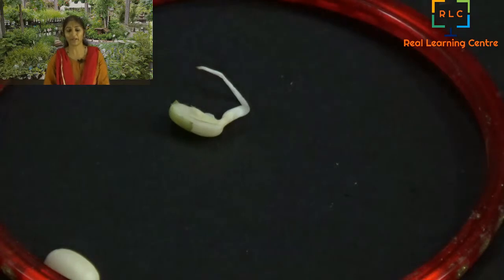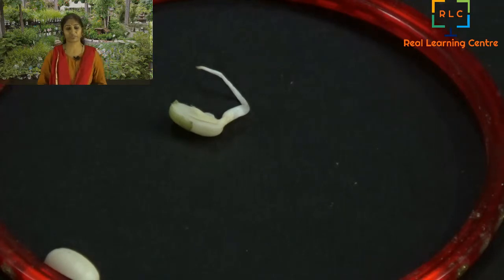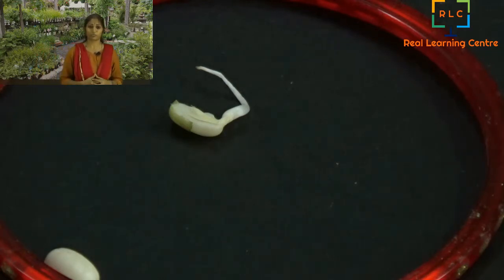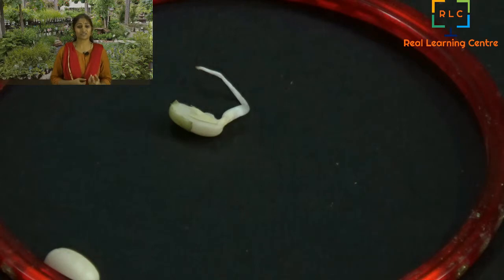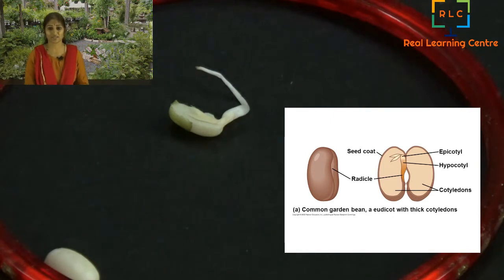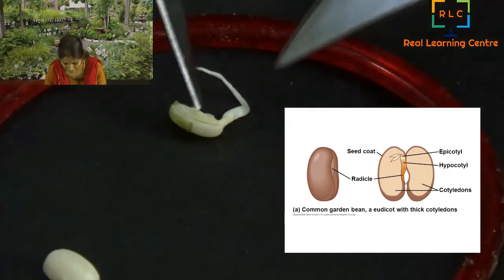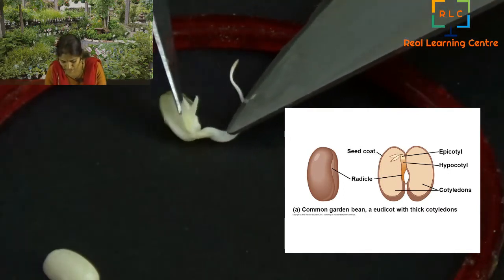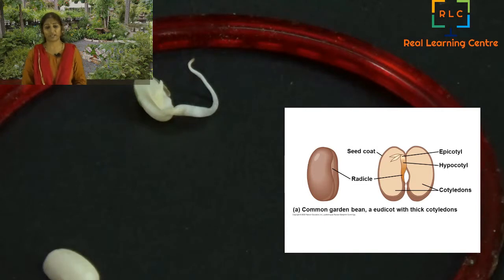That small white part starts growing to give me a hair-like structure. Now this whole region of the seed is the embryo and can be divided into three distinct regions. The first region is called the hypocotyl. The second region is what we call the radicle. So what you are seeing here is the radicle. And just next to that you see a small white region, and that is what we call the epicotyl.